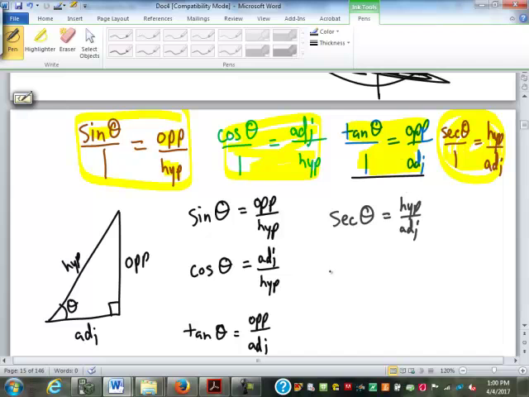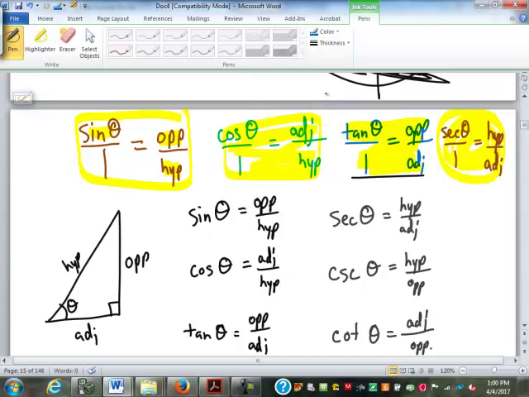If we keep going, the cosecant, abbreviated CSC, is the length of the hypotenuse divided by the length of the opposite side. And the cotangent is the length of the adjacent side divided by the length of the opposite side.